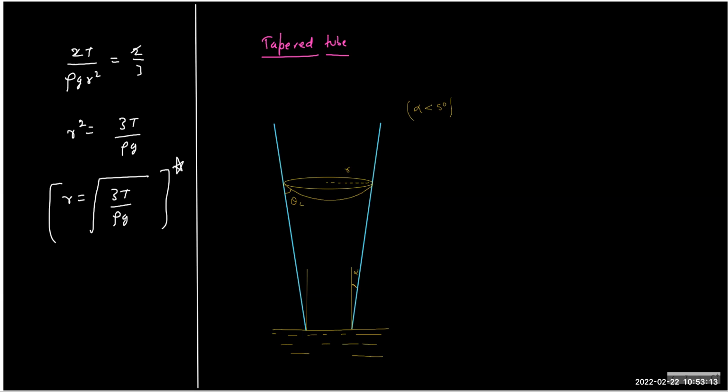If I complete a triangle using the meniscus curvature radius of the capillary at that location, can we say this angle is theta c now?